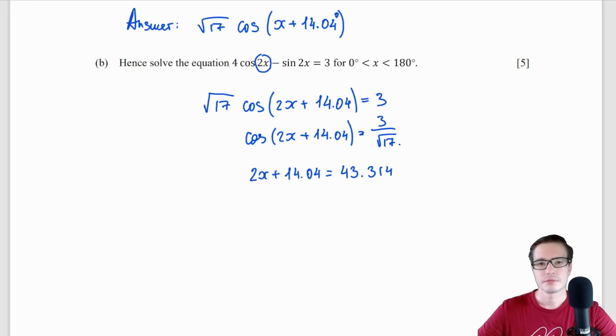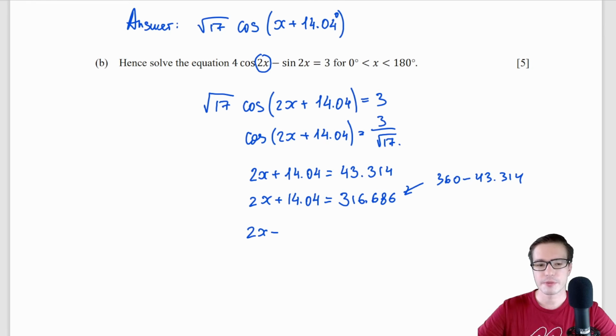43.314. And then right after taking the inverse cosine, we will do 360 degrees minus the first result, which is 316.686. And now we can add 360 degrees to both of the answers.